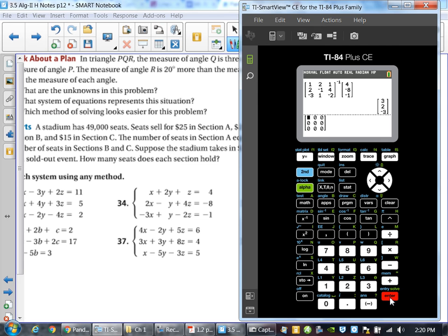So we have 1, -2, 5, 3. Anyway, put it in and see what happens.